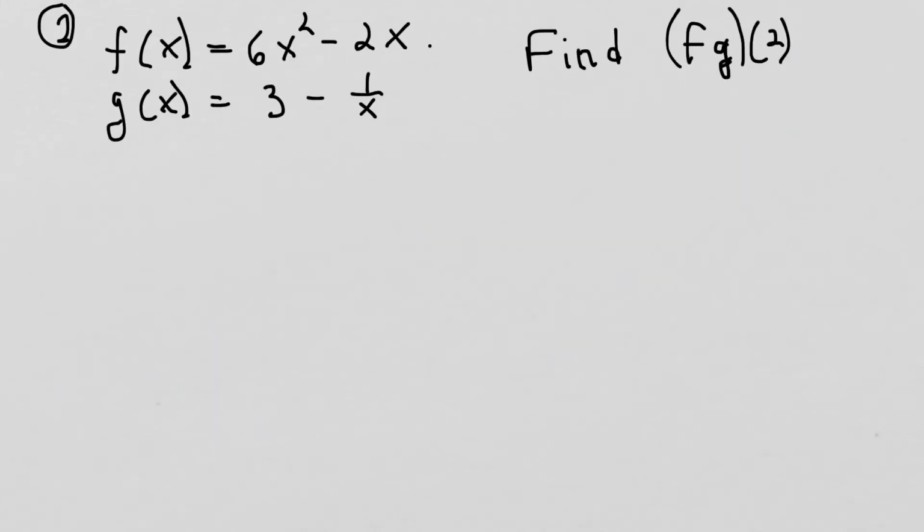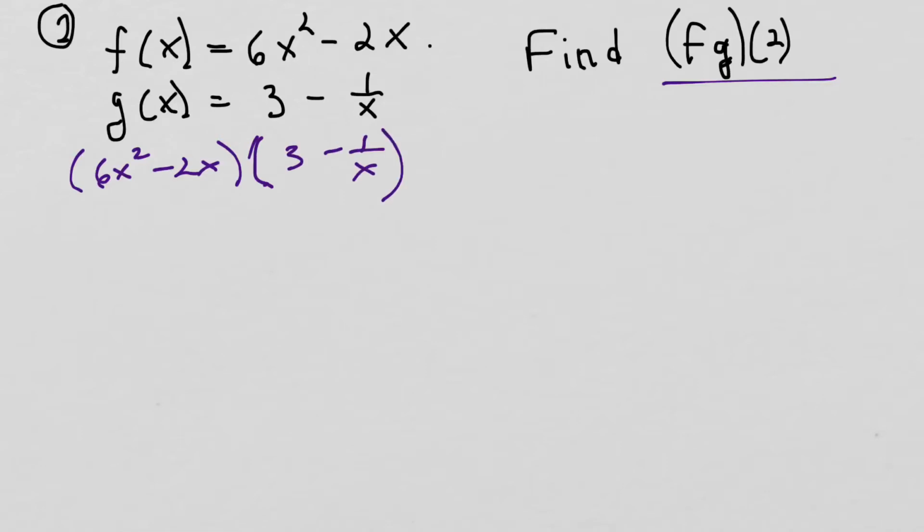Alright, so now we're going to find (f·g)(2). So that means we're going to take f, 6x² − 2x, and multiply it by 3 − 1/x, and we're going to substitute 2 in for x. Now let me just say, you can do this the quick way, or you can do it the long way.